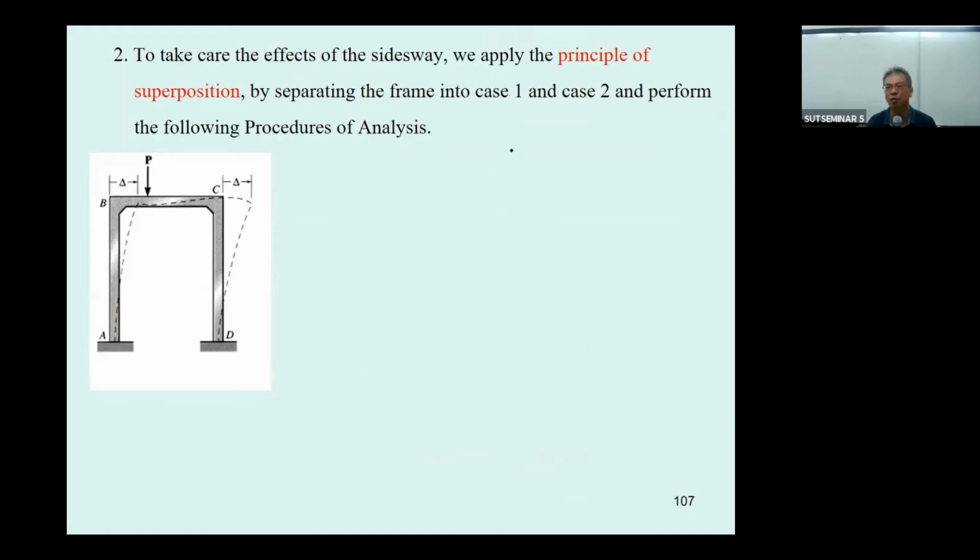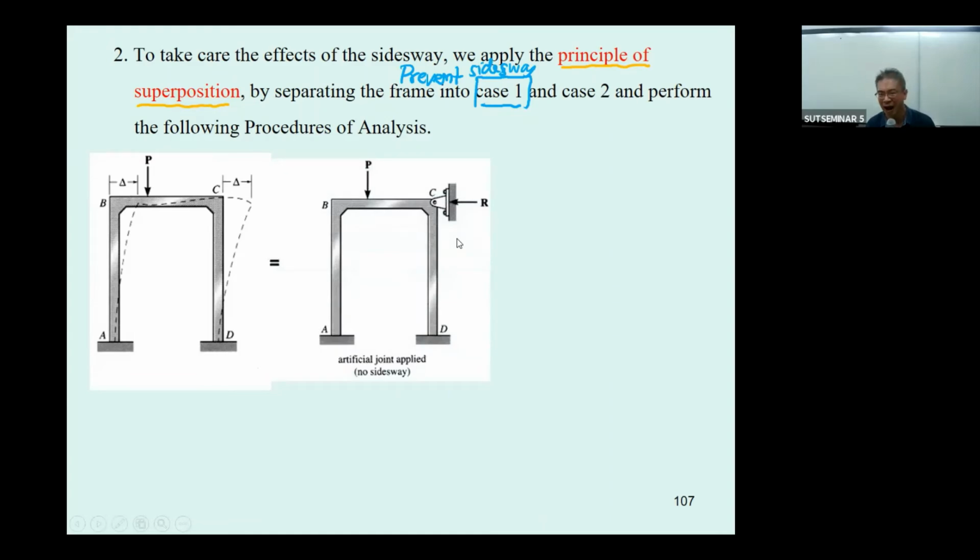How do we do so? Professor Hardy Cross proposed that we use the principle of superposition. Separate this frame into 2 cases. One is the case where the structure is prevented from sidesway. When you prevent sidesway, or we have no sidesway, the problem can be analyzed by the moment distribution.